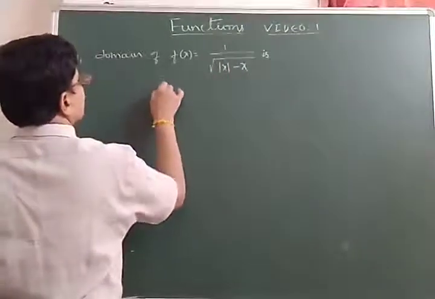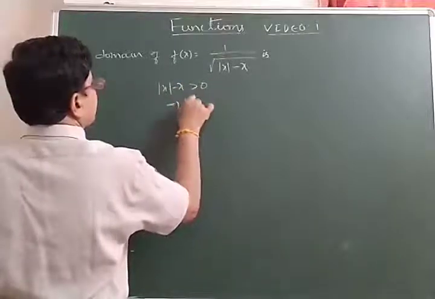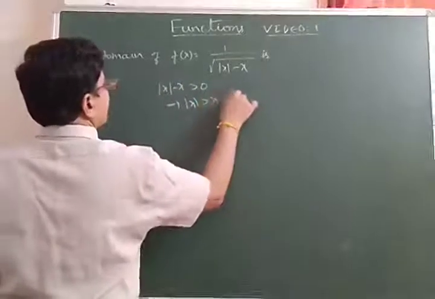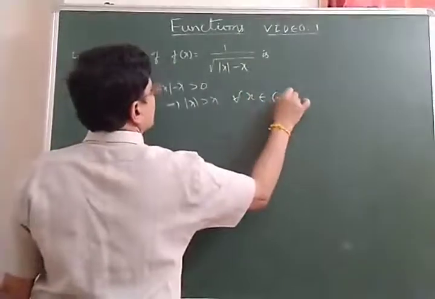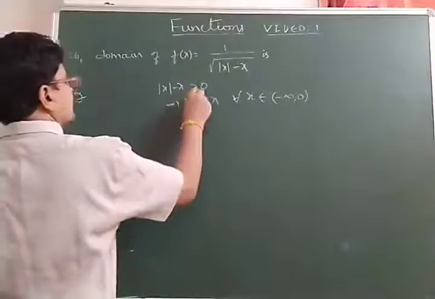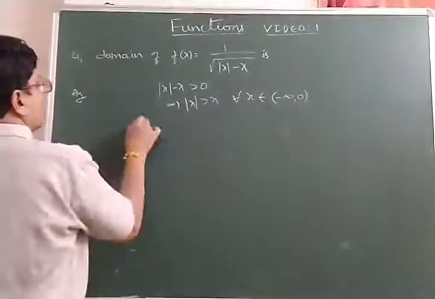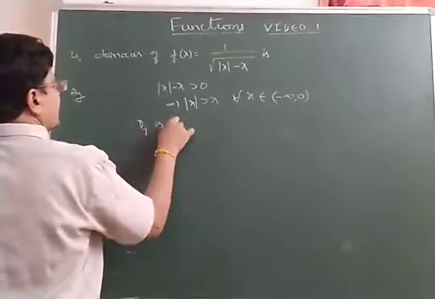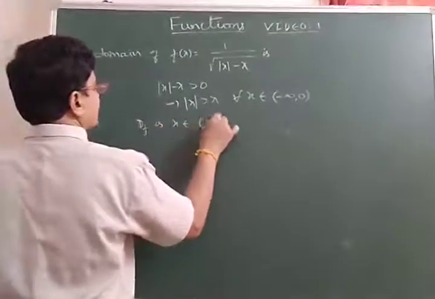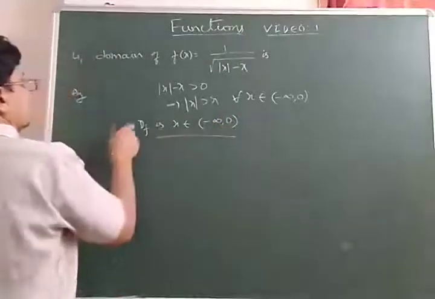That means modulus of x minus x is greater than 0. That implies mod x is greater than x, which holds for all x belonging to minus infinity to 0. So therefore the domain of the given function is x belongs to minus infinity to 0.